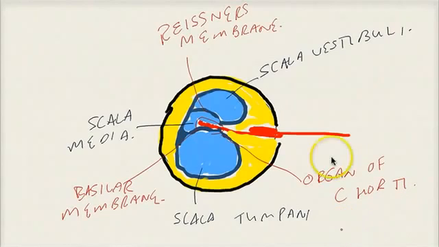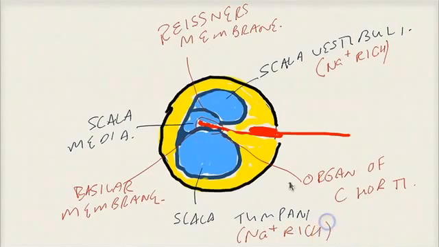Now, the scala tympani, this one here, and the scala vestibuli, this one here, contain perilymph that is rich in sodium. The scala media, on the other hand, contains endolymph, which is high in potassium.